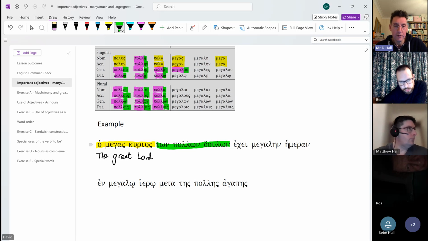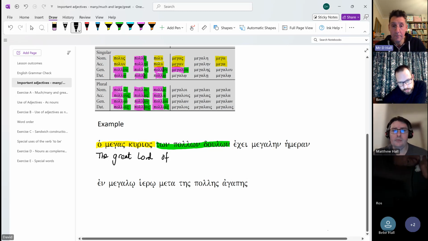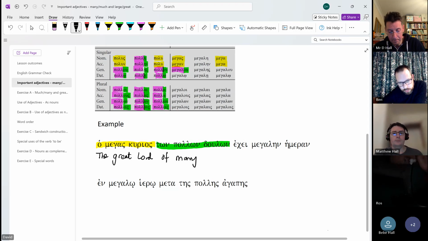It's quite a nice and easy one to spot. So the great lord we have, and then because we're in the genitive, so of the something or other. So of, and then we've got polon, which of course is to do with having many. Okay, we're in the plural, so many, and doulon is slaves. So of many slaves. So this is the great lord of many slaves.